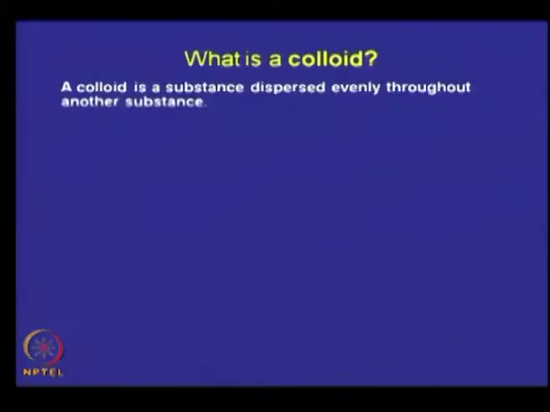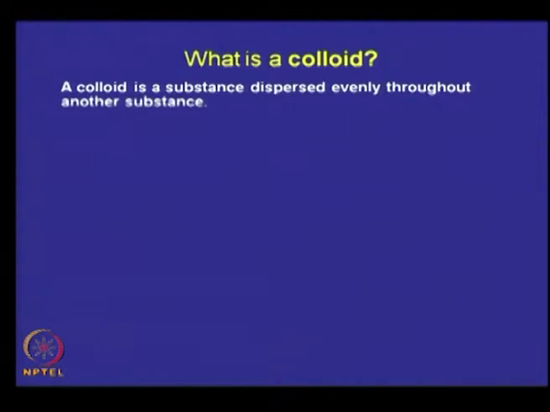Talking of colloidal processing, what is a colloid? Let us take up that fundamental distinction. You see, in this particular bottle, the powders are dispersed evenly throughout another substance, water, and this I would call a colloid. So, one substance dispersed evenly throughout another substance.